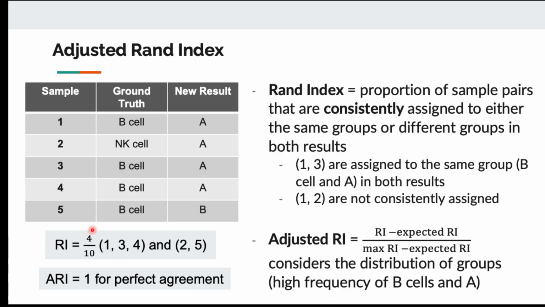So in this example, if you count out of 10 possibilities, you have four pairs that agree between ground truth and the new result. And those are the pairs between 1, 3, and 4. They are both from A and from B cell. And 2 and 5, because they disagree, they are not from the same cell type.